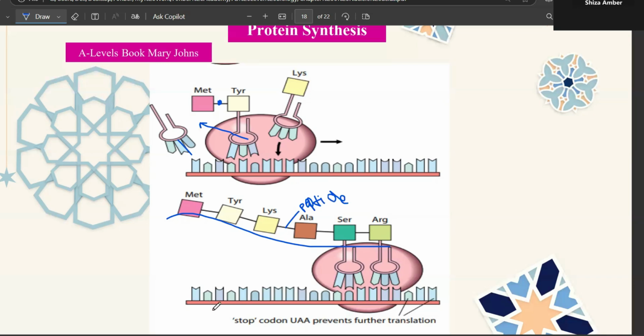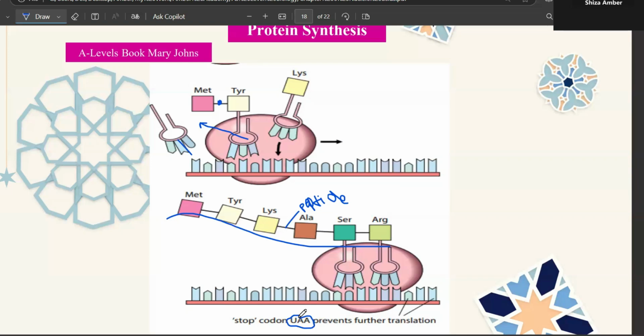So I suggest you remember your start codon, and I suggest you remember stop codon, because stop codon is also one of the favorite questions of Cambridge, and they usually ask for a stop codon in 1 mark. So you need to write के आखिर में a stop codon will come, for example UAA, and it will prevent the further synthesis of a polypeptide chain.